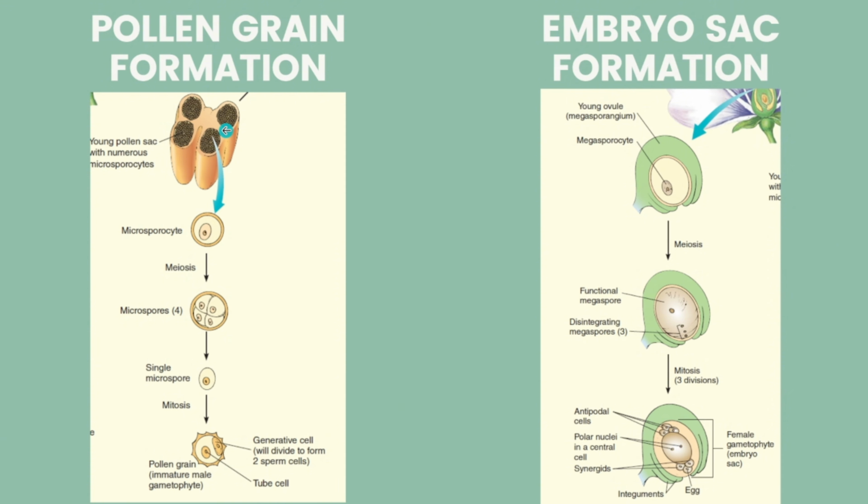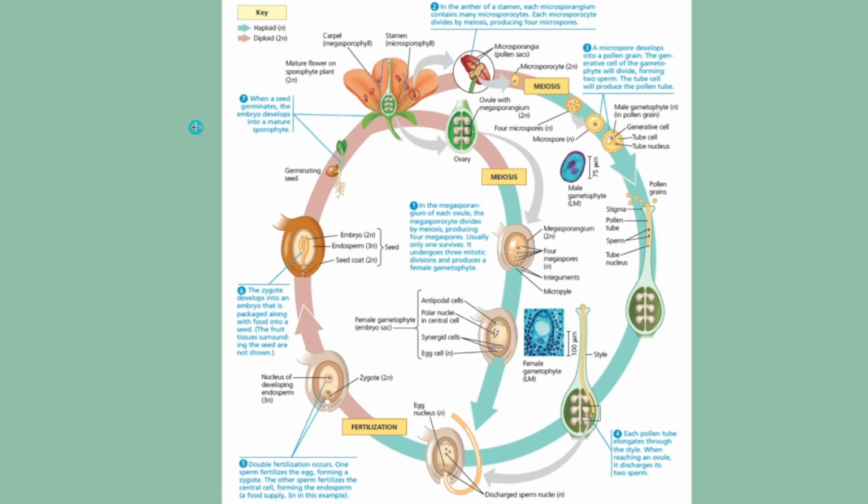Pollen sac is the specific term for the flowering plant, because plants are not only flowering plants; there are also non-flowering plants, another type of plant that you will learn later in semester 3. For now, focus on flowering plants. For the male, the spore structure in general terms is the microsporangia, and the specific term is the pollen sac.